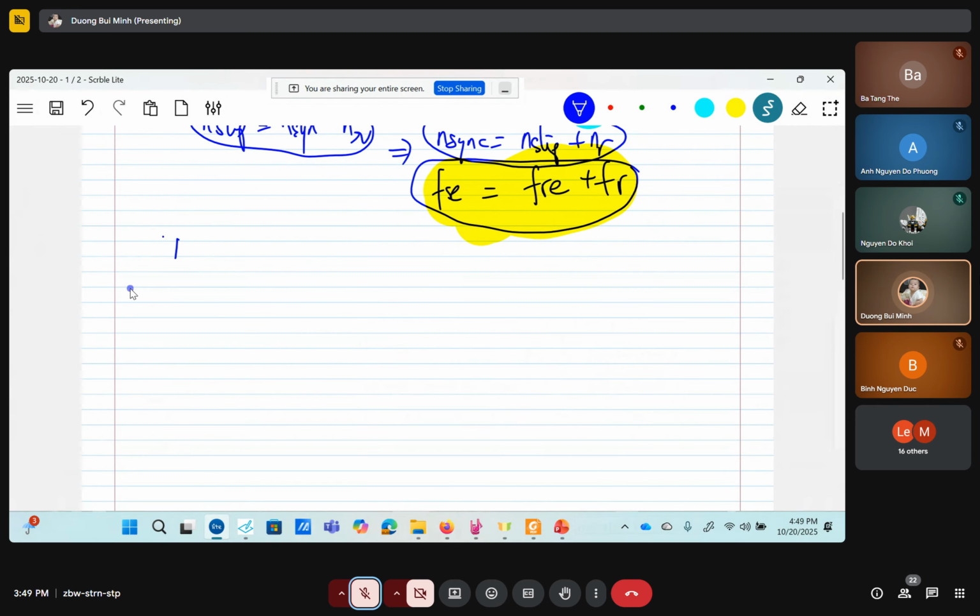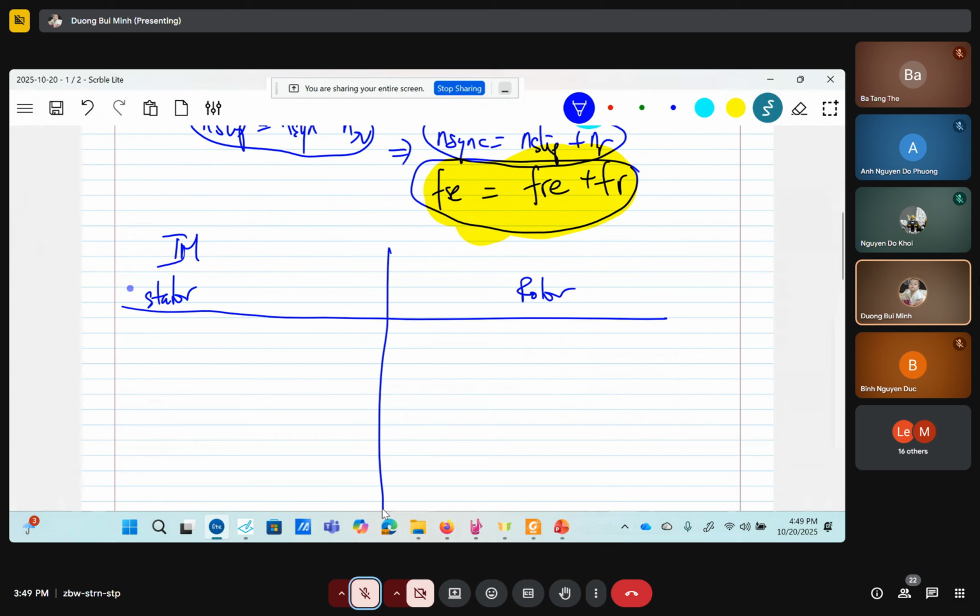For every induction motor, we have the stator and the rotor. For the stator we use subscript 1 or S. For example, we have R1 or RS, the stator resistance, and X1 or XS, the stator reactance.